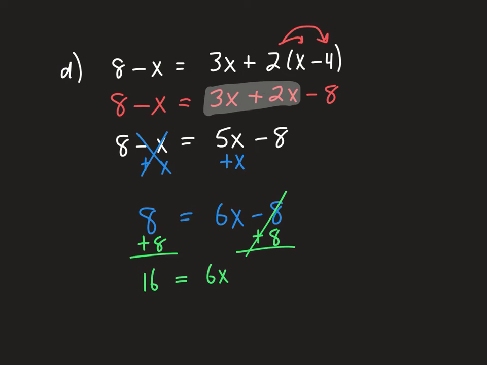So 6 times x equals 16. We don't want 6 times x. We want to undo that by dividing both sides by 6. That'll cancel out here. Okay, 16 divided by 6 is reducible down to 8/3. And that is our final answer.